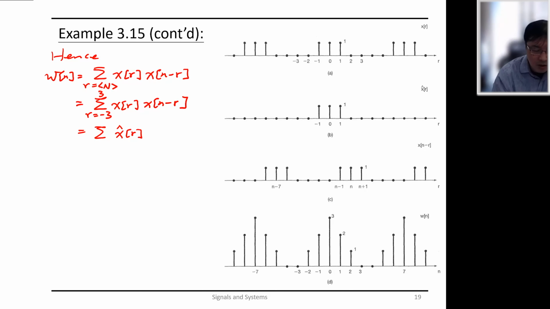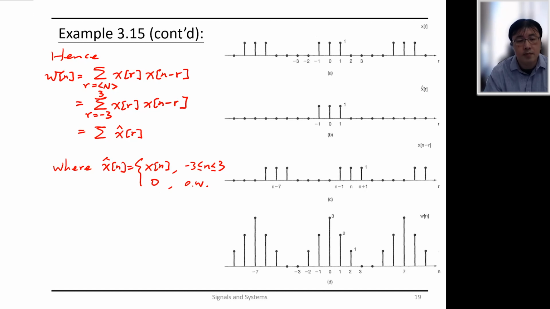So this x hat n is equal to xn for n between -3 and 3 and 0 otherwise.